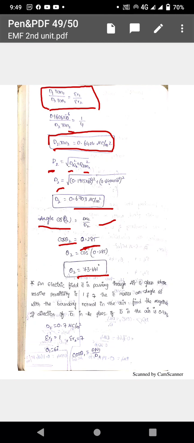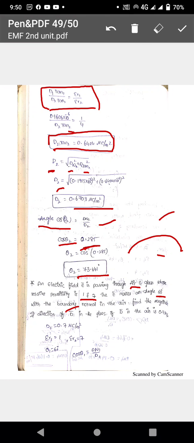Now we go for another problem. An electric field E bar is passing through air and glass, whose relative permittivities are 1 and 7. The E bar makes an angle 60 degrees with the boundary normal in the air. This is air, this is glass.